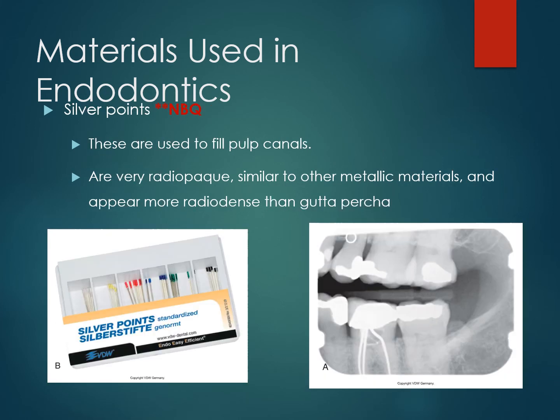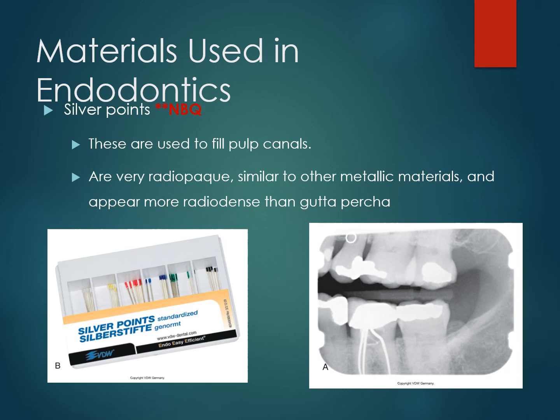Okay, so next up is a silver point. Now, a silver point is something that's no longer used in endodontics. If you work for a very older dentist, they probably remember placing these, but it is not something that's used very often anymore. But that doesn't mean you won't see it on a radiograph, right? Because patients could have had these types of restorations placed in the past.